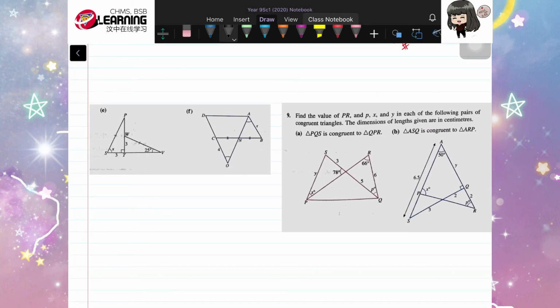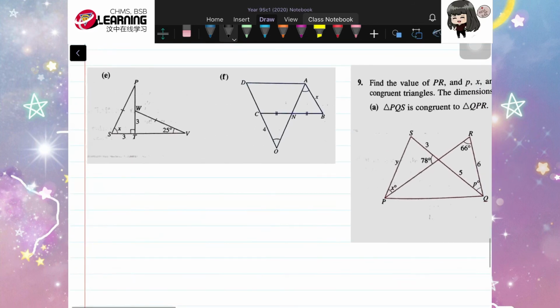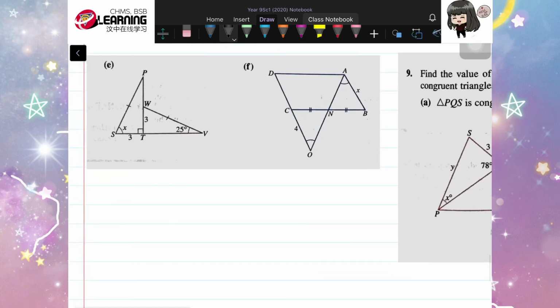Okay, let's look at E and F. So part A, triangle PST and triangle VWT. Triangle PST is congruent with triangle VWT.